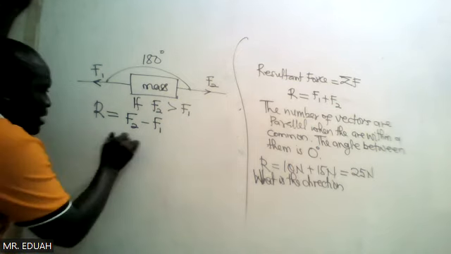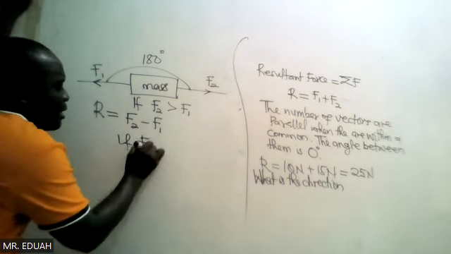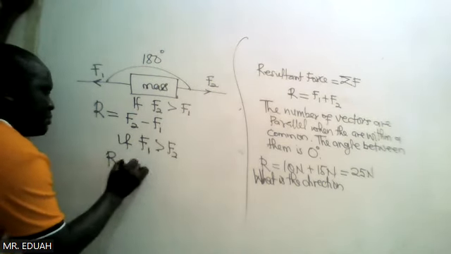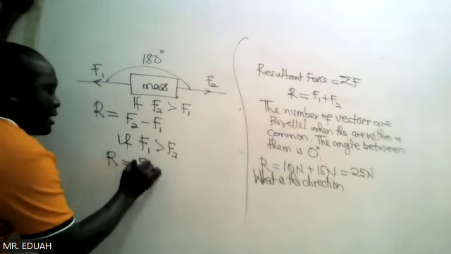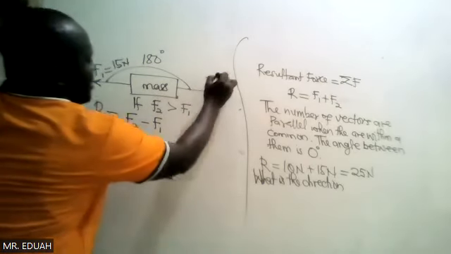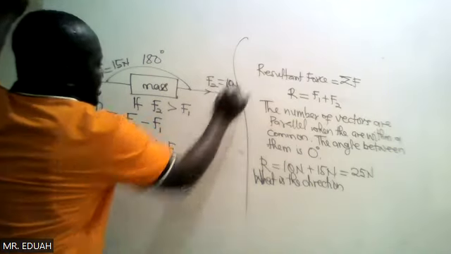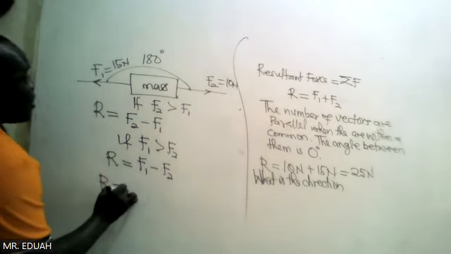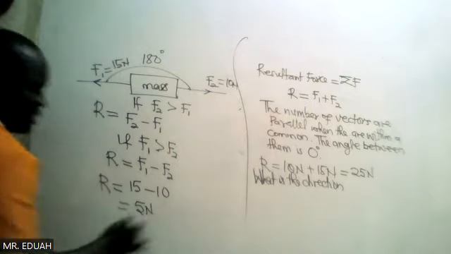If F1 is greater than F2, then the resultant becomes F1 minus F2. For example, 15 Newton, 10 Newton. The resultant here is equal to 15 minus 10, which is 5 Newton.